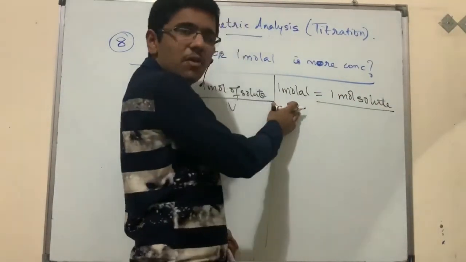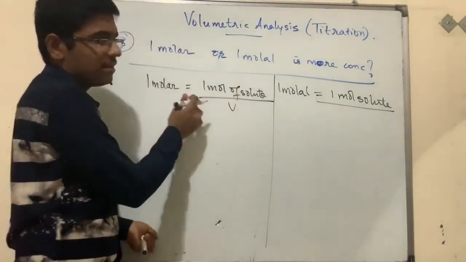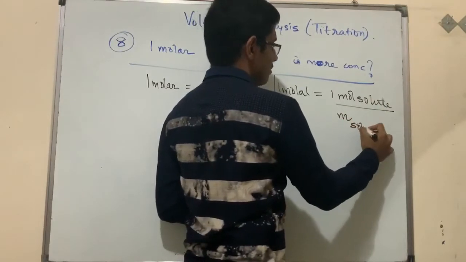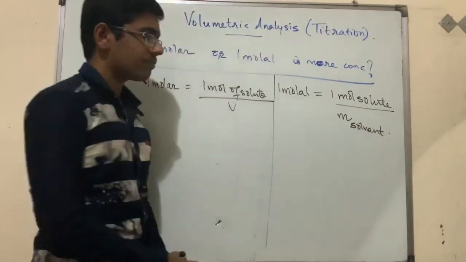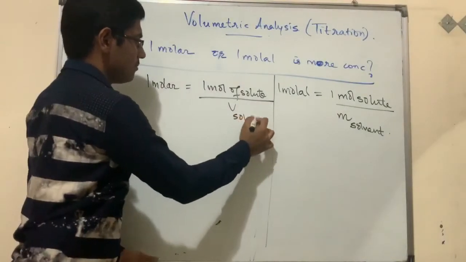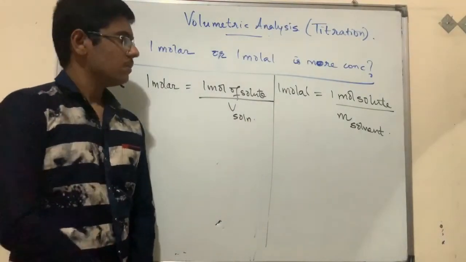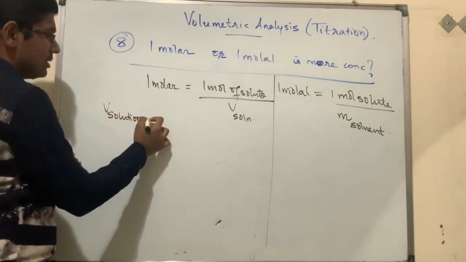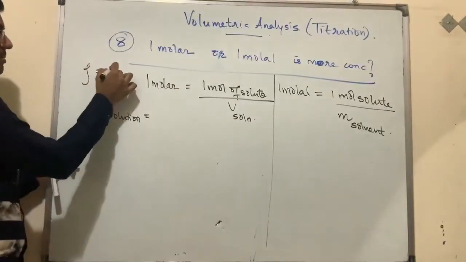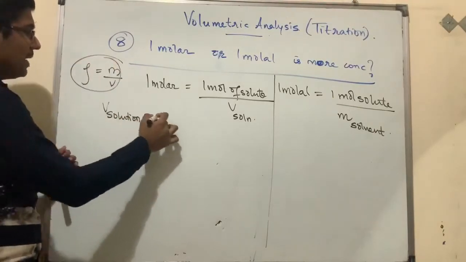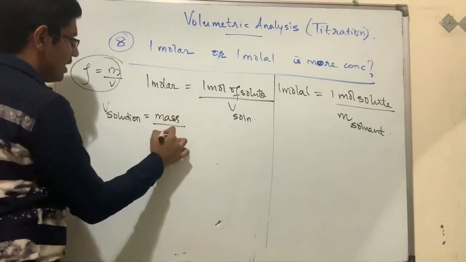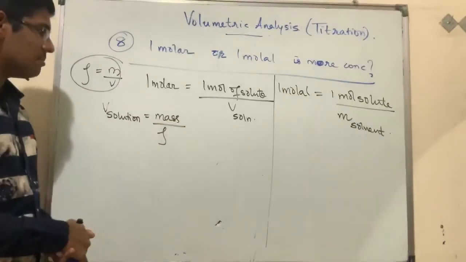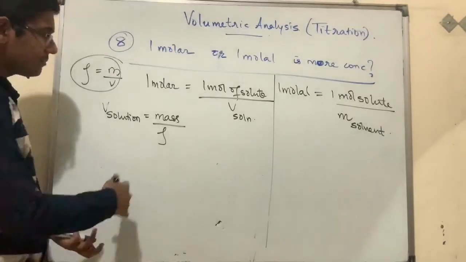This is molar, meaning molarity. 1 mole solute divided by volume of solution. Molality is 1 mole solute divided by mass of solvent. We know density equals mass by volume, so volume is mass divided by density.